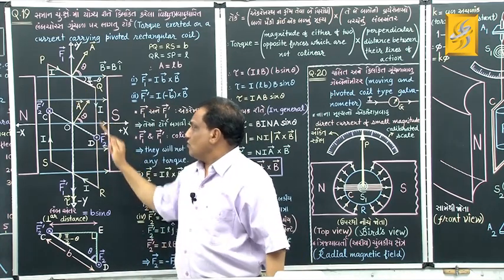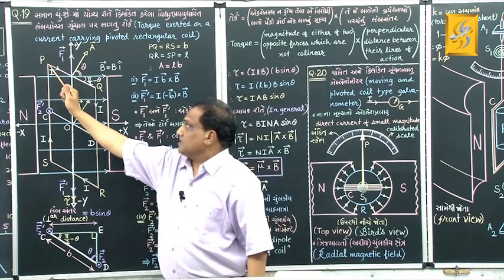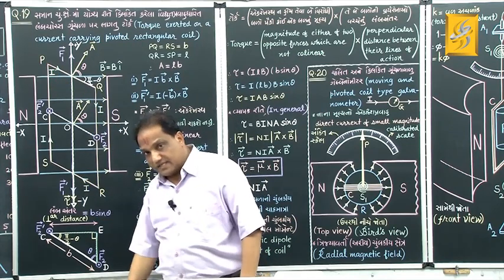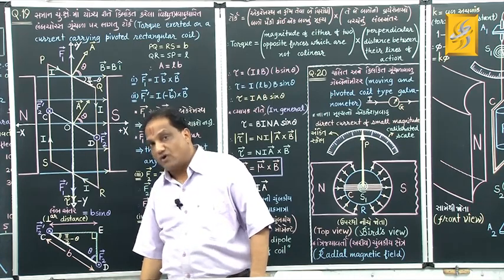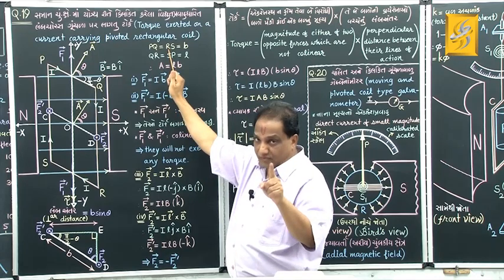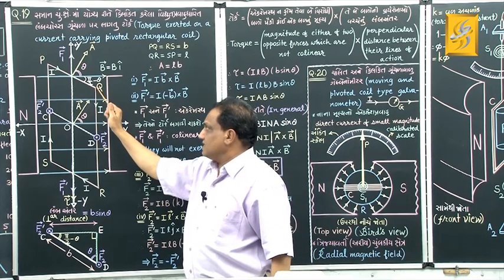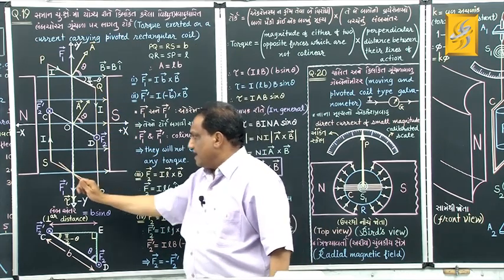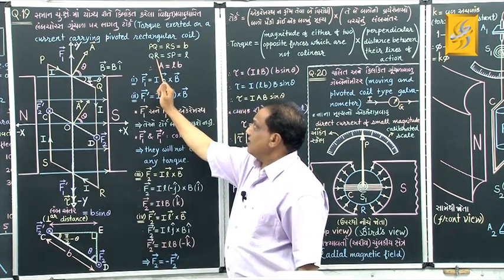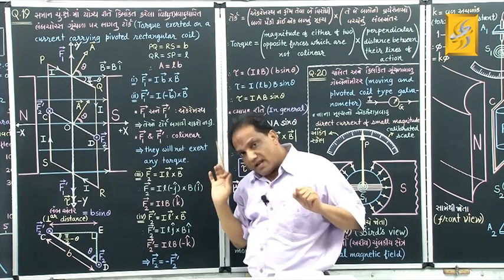For that rectangular coil, side PQ or side RS indicates the breadth of the coil. Let it be shown by symbol small b. And these sides QR and SP indicate the length of the coil, shown by symbol small l.